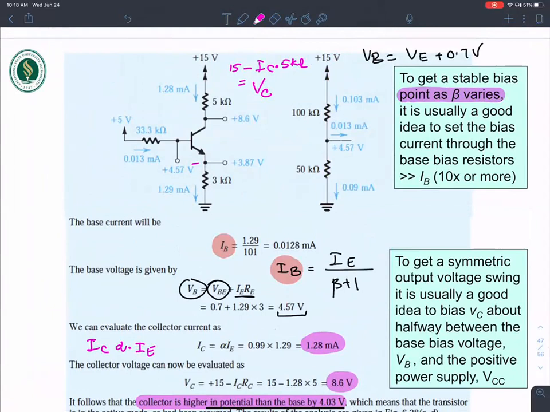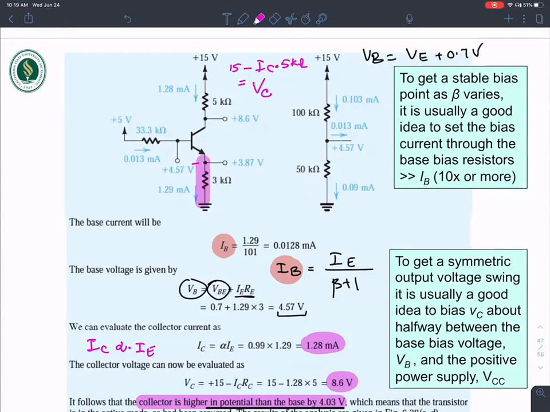Not just one resistance here, this is a bad idea, but instead you get the same effect using a pair of resistances over there. By using this approach, the gain becomes much more stable. The current in the BJT is much more resilient, much less volatile to changes in beta.